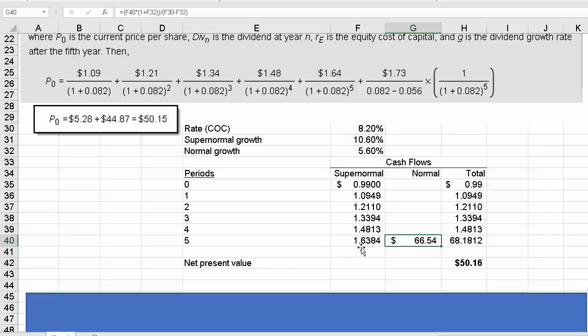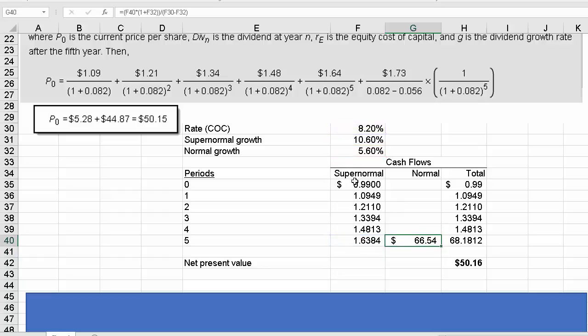And then I have to divide it by the appropriate interest rate, which would be the current cost of capital, which is 8.2%, minus the normal growth that we're expected to see, 5.6. So I have F30 minus F32.